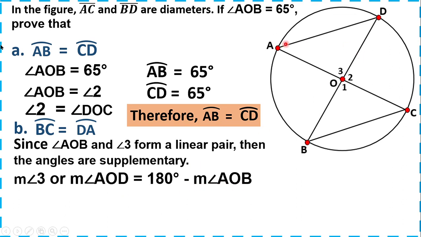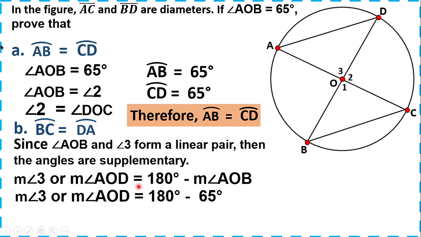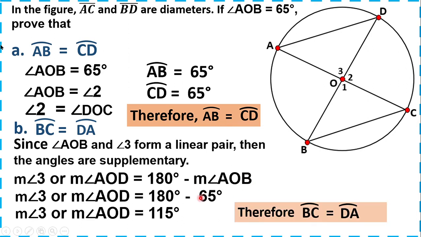The measure of angle 3, or angle AOD, is equal to 180 degrees minus the measure of angle AOB. We substitute 65 degrees: 180 degrees minus 65 degrees, so we have 115 degrees.